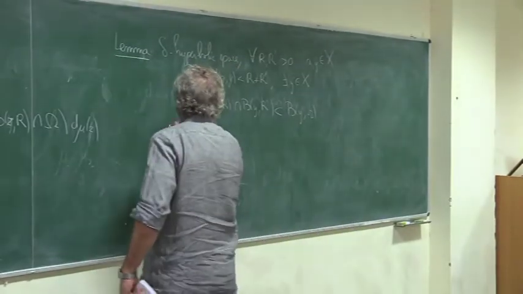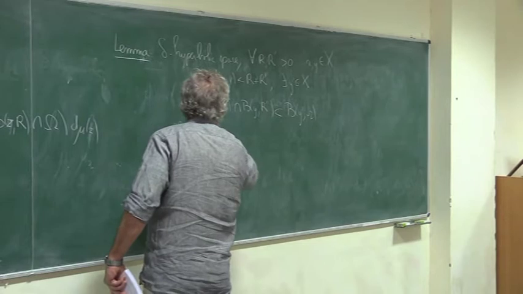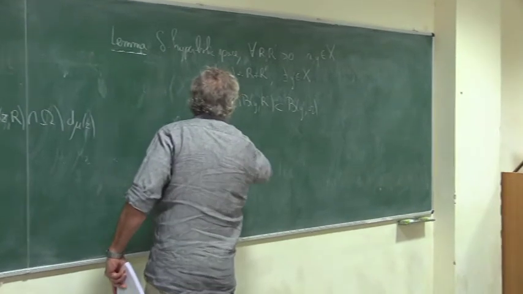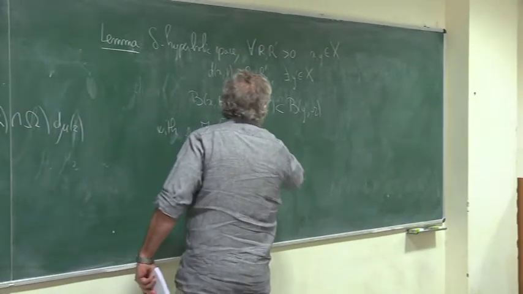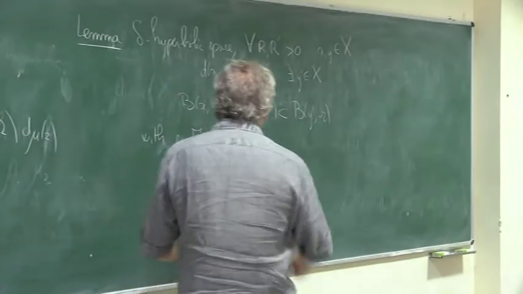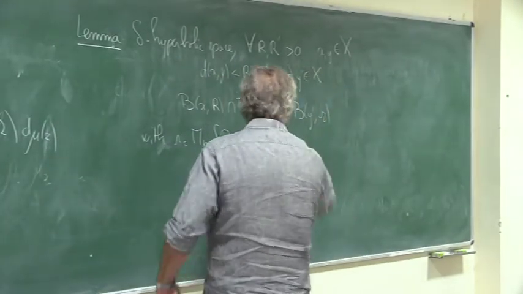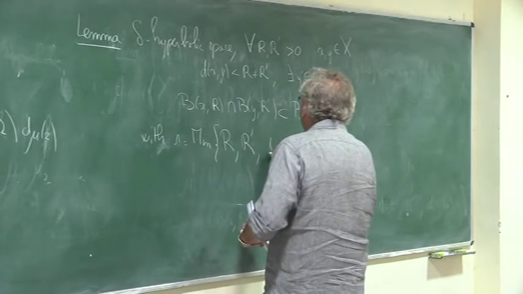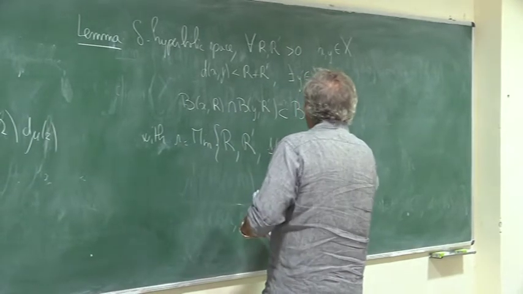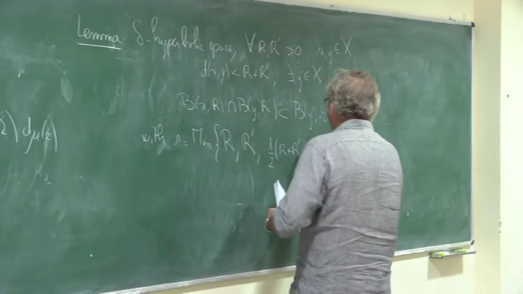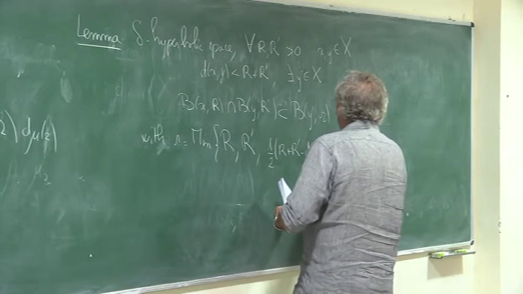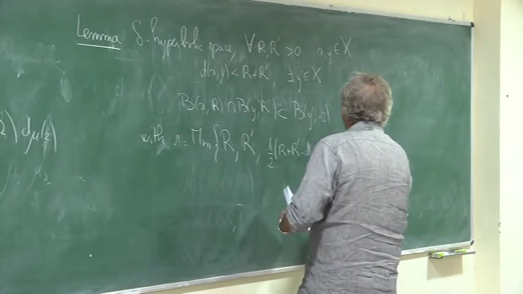The estimation is the minimum of these three quantities. Most of the time, this minimum will be equal to the third quantity, r plus r prime minus d(x,y), and of course, plus 2 delta.